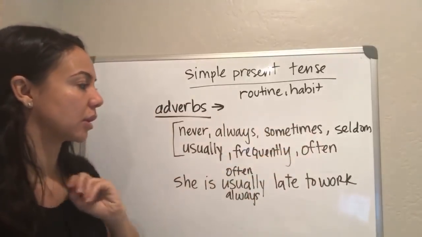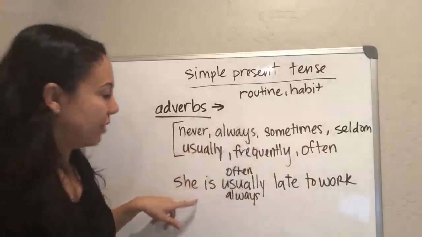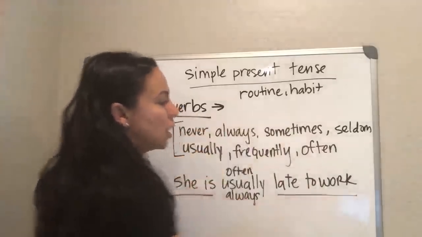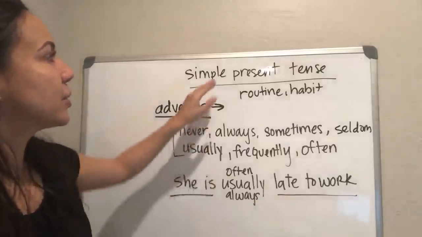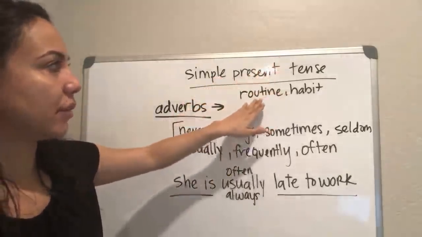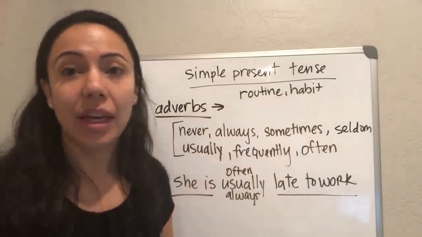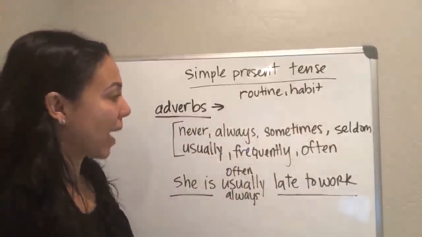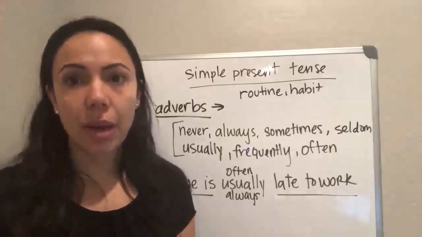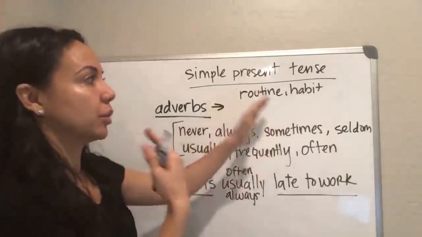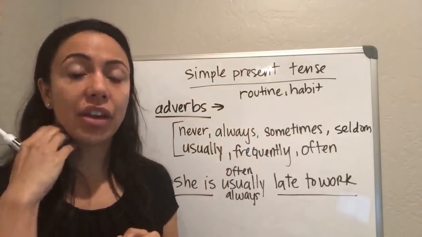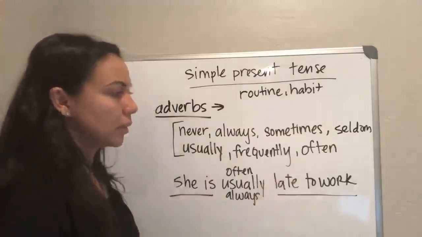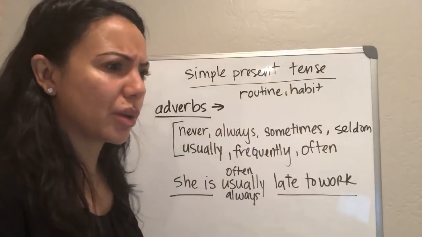She's seldom late to work. We can use all of these in this sentence. And it goes with the simple present tense of routine and habit. It is something that you can most likely expect from a person based on routine or habit, something that you often see this person doing or saying.